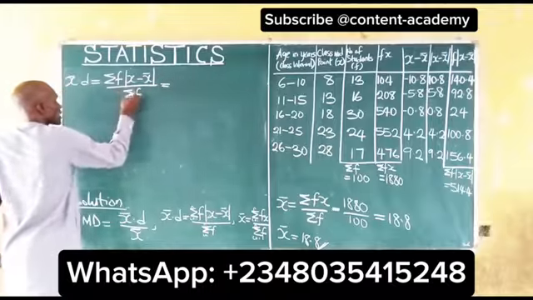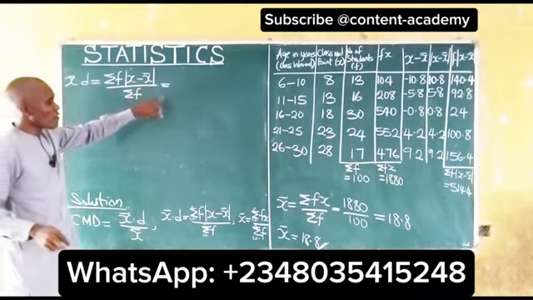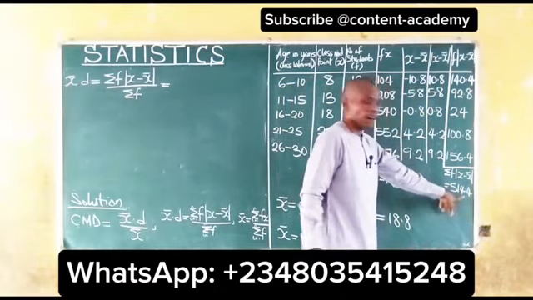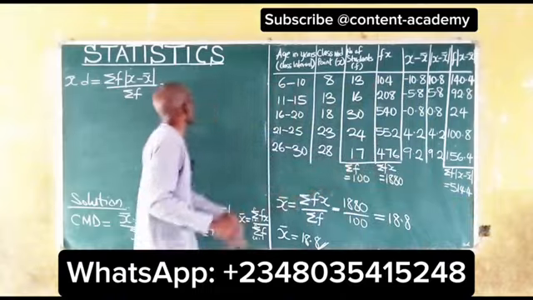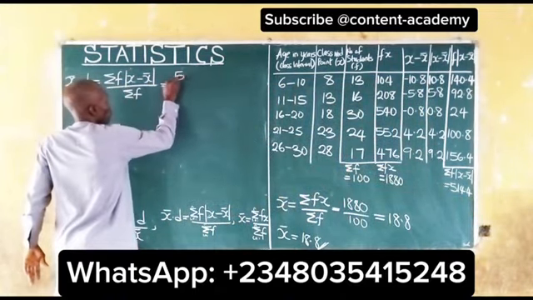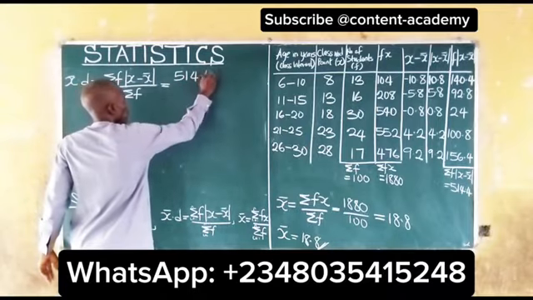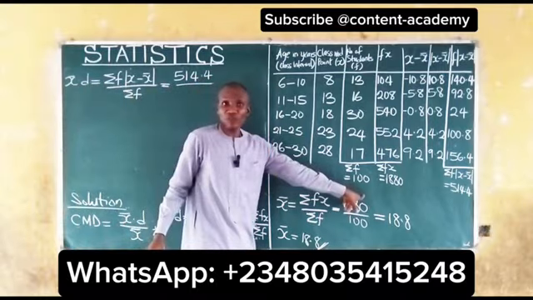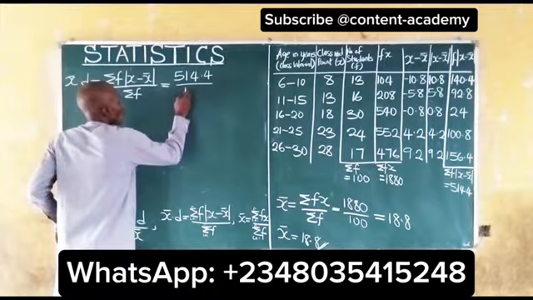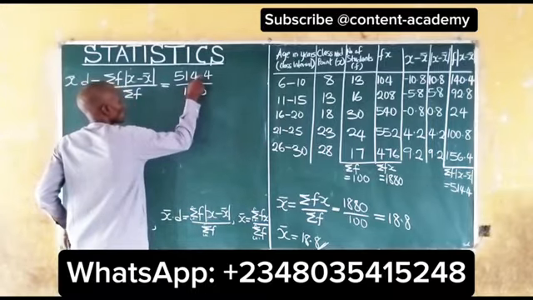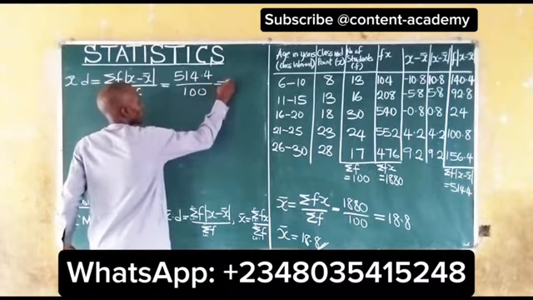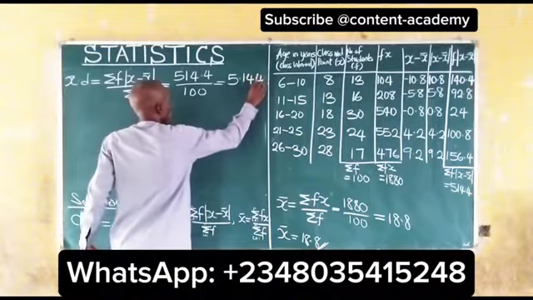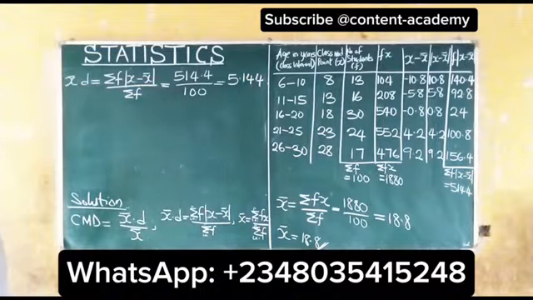Now, what do we have as our summation of f of x minus x bar? We have it as this, 514.4. We have 514.4 divided by summation of f. We have summation of f as 100. So our answer will be 5.144.